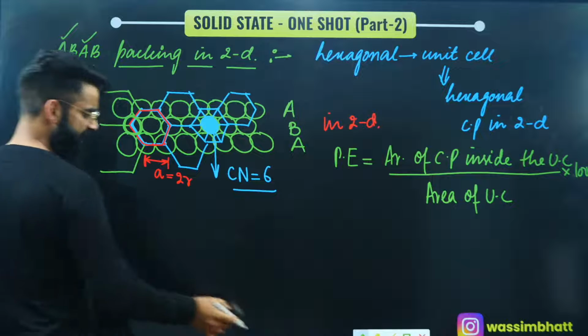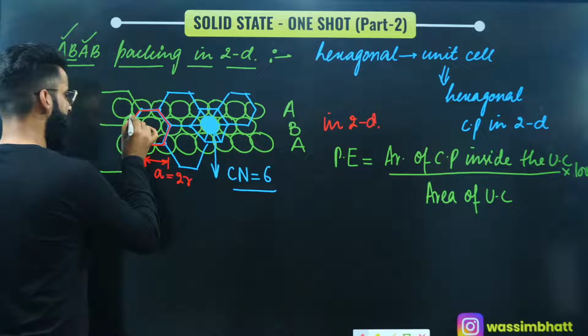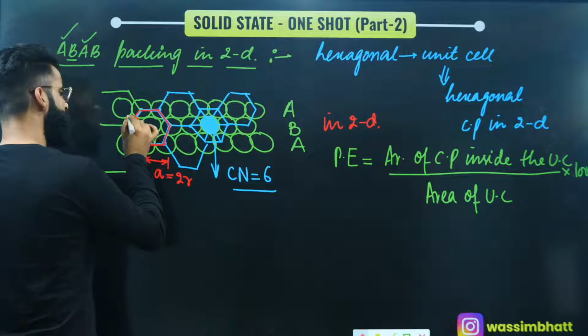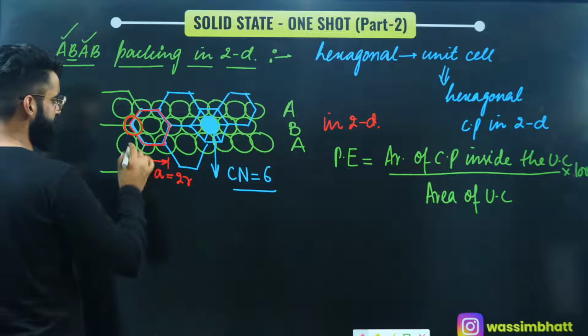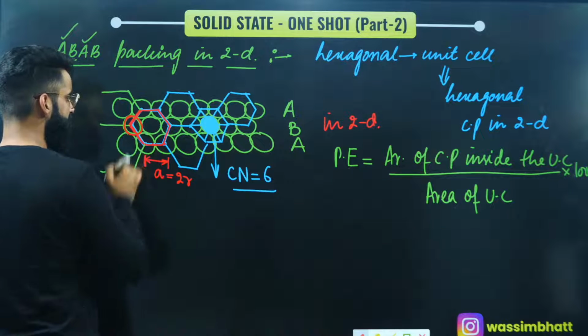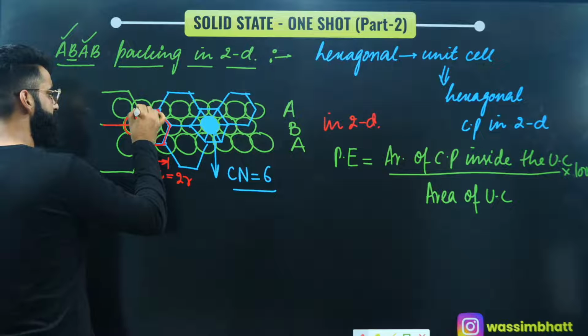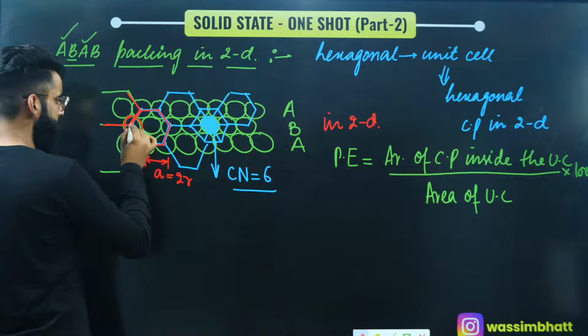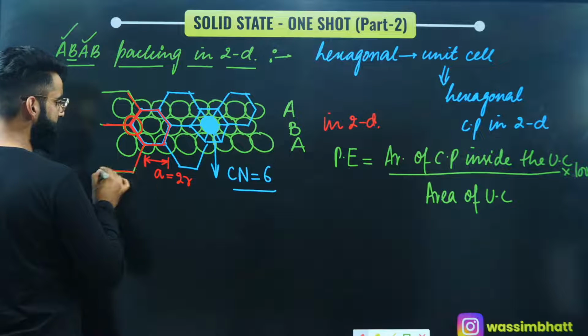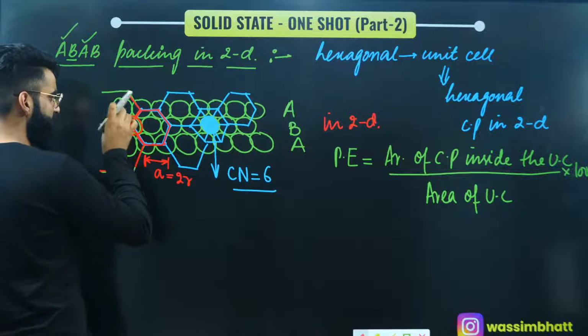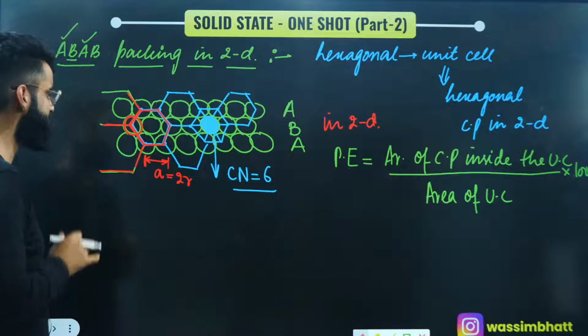So this particular particle is being shared between 3 hexagons. This is the first one, this is the second one, and this is the third one, correct?